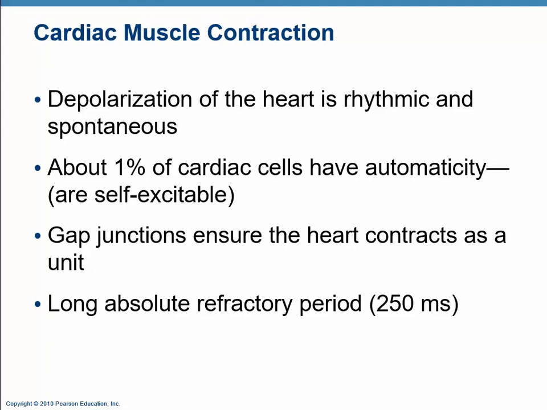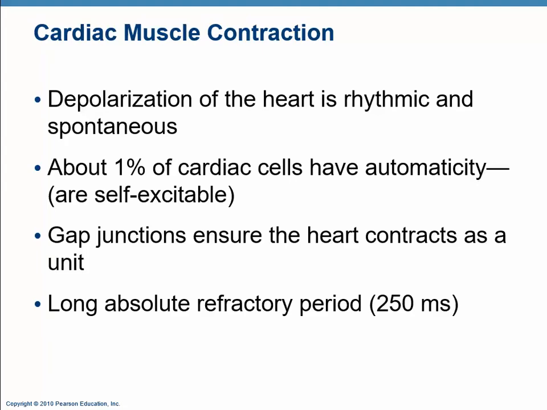Now, if you remember, in skeletal muscle the absolute refractory period was quite short because there were a lot of sodium-potassium pumps that reset the resting membrane potential. In cardiac muscle cells, there are fewer sodium-potassium pumps, so the absolute refractory period is very long.